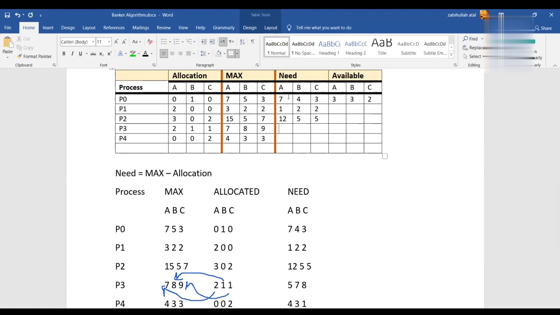And P3, I think, no, I'm right, okay. So 5, yes, 7 and 8. For the last process, which is P4, the need amount is 4, 3, 1, okay. Yeah, this thing is done.